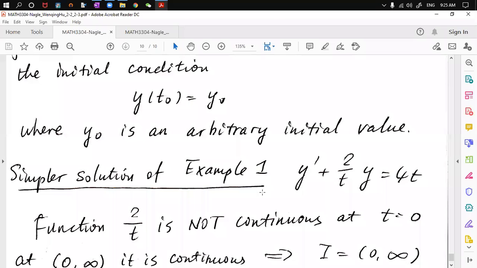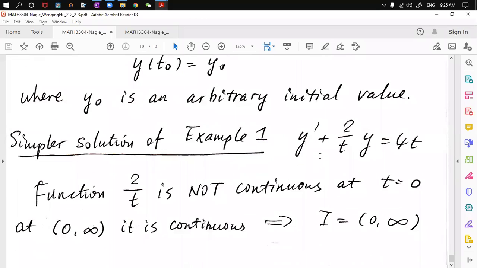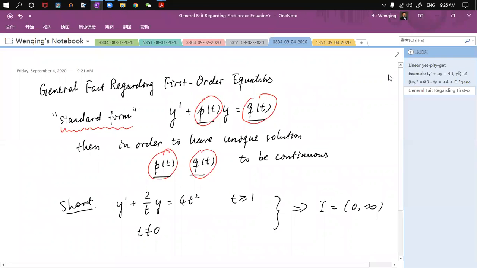So the solution can be simple: you put the equation in standard form, and then you say the function 2 over t is not continuous at t equal to 0. Therefore, you have to avoid t equal to 0, but you want to include the point t equal to 1, so the interval must be from 0 to infinity. That's the answer, and that's a nice way to interpret this problem.